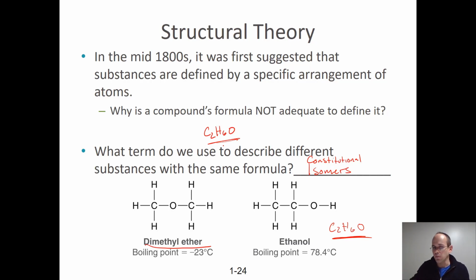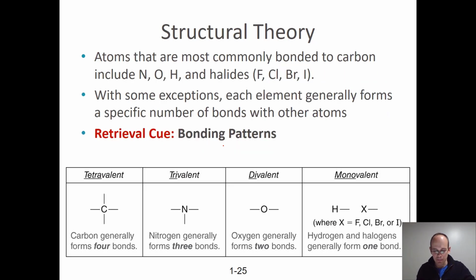Therefore, they're isomers, right? So we're going to see the word isomers pop up over and over again. I believe in chapter 3 or maybe 4, I think chapter 4, we're going to spend a ton of time talking about isomers. So stay tuned for that.